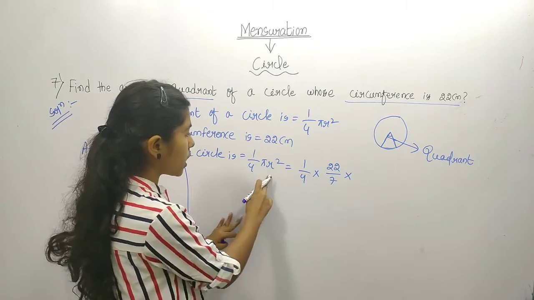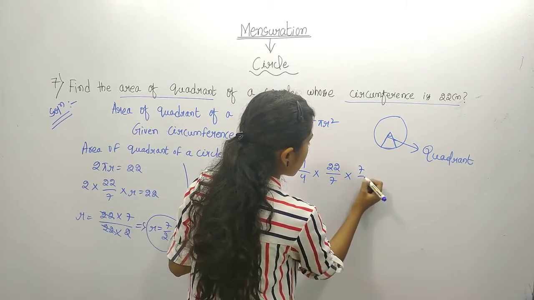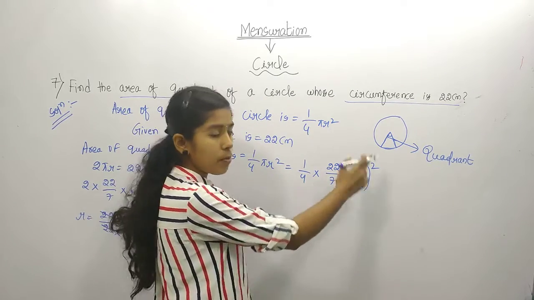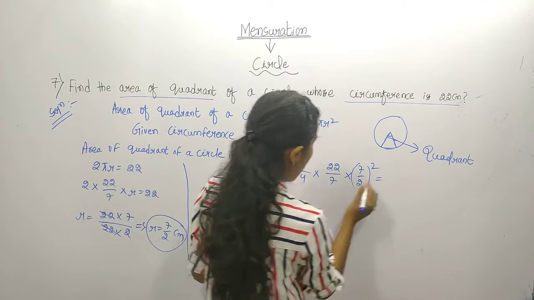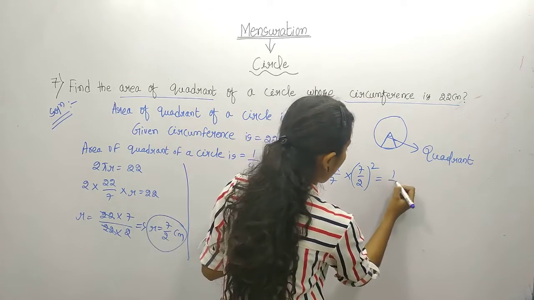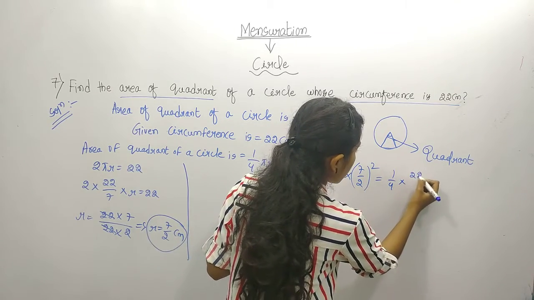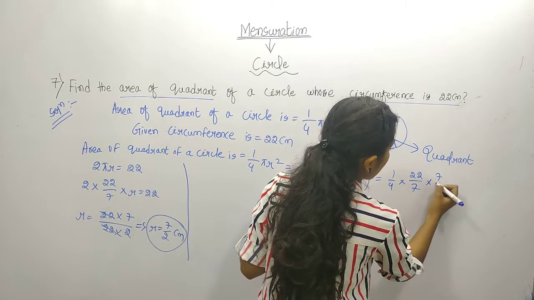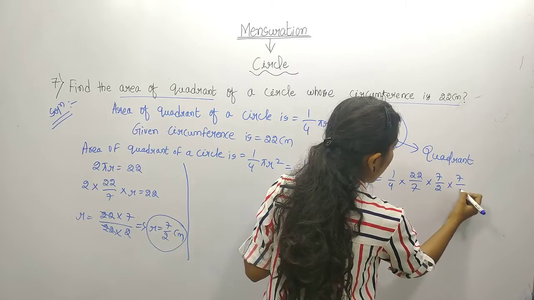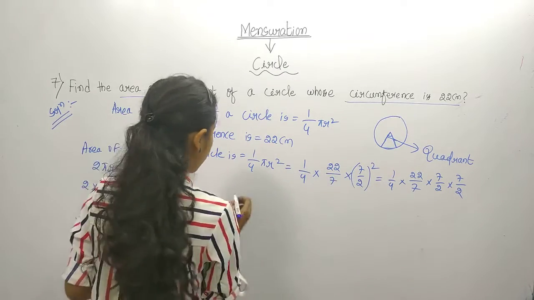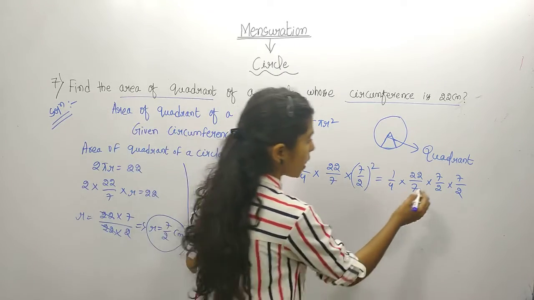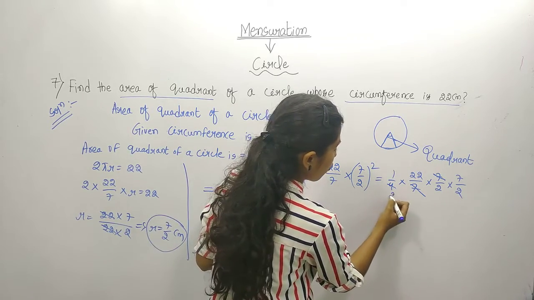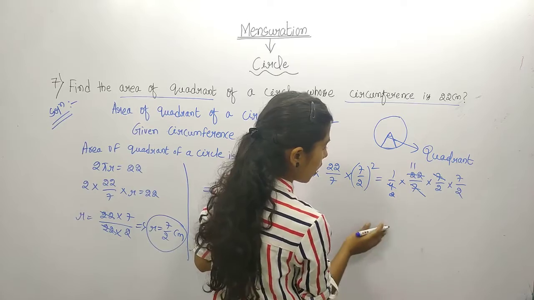So here, instead of r, what will we write? 7 by 2 whole square, since r square is there. So what will happen? 1 divided by 4 into 22 by 7 into 7 by 2 into 7 by 2. Here 7 and 7 will cancel each other. 2 fours are 8, and 2 elevens are 22.